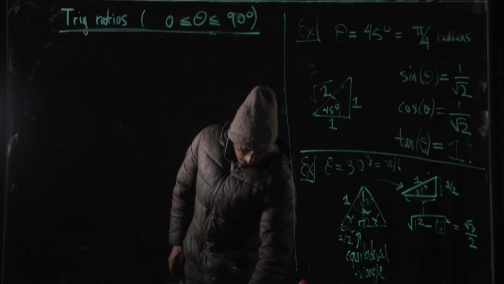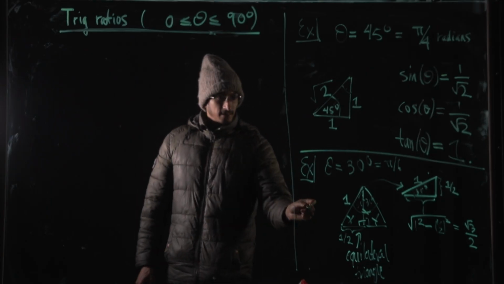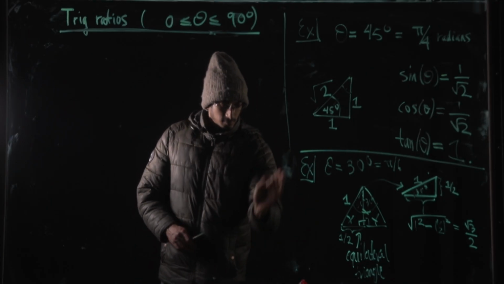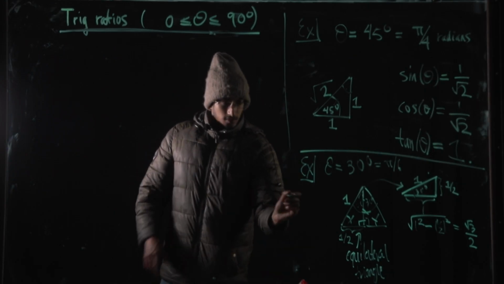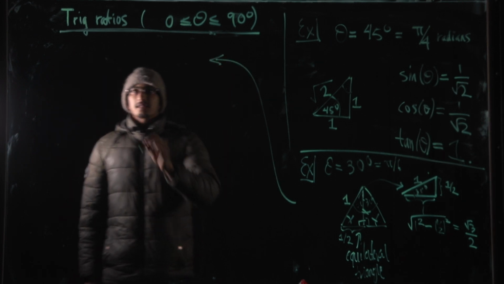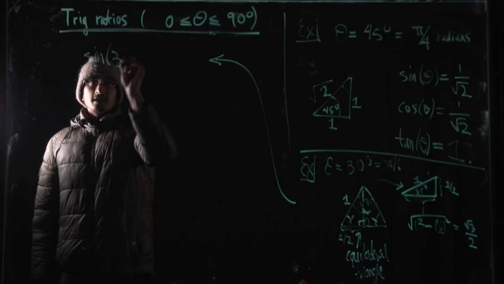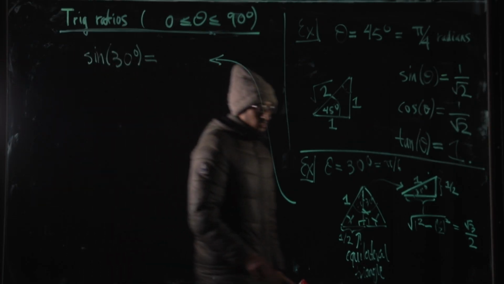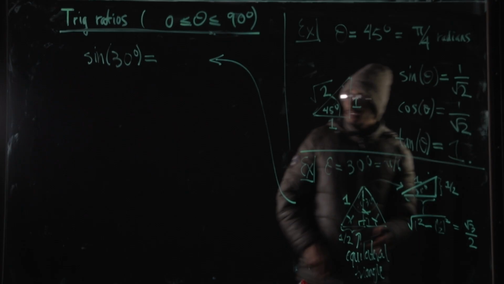I'm going to continue this example over here. From here, we know that the sine of this angle, sine of 30 degrees, will be the opposite side divided by the hypotenuse.